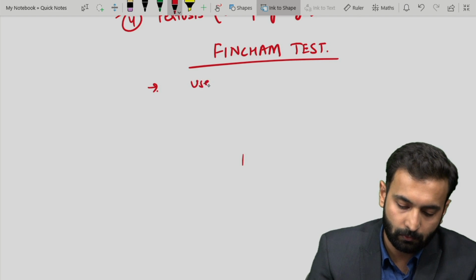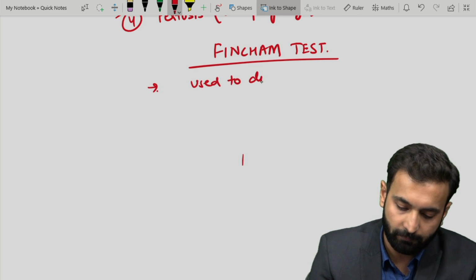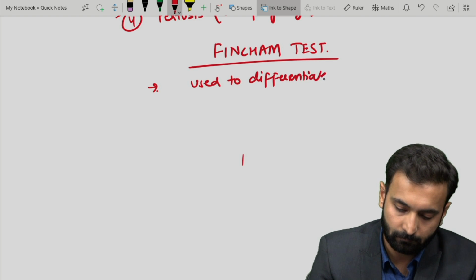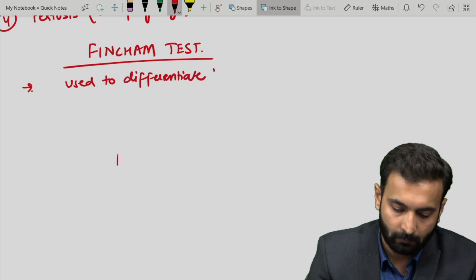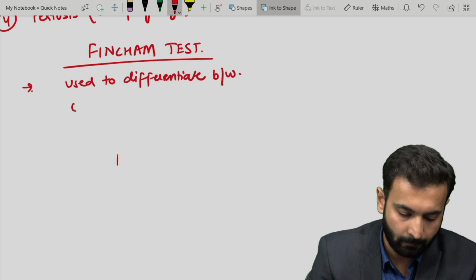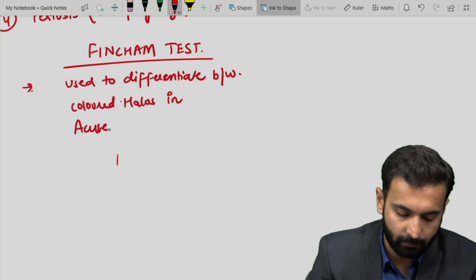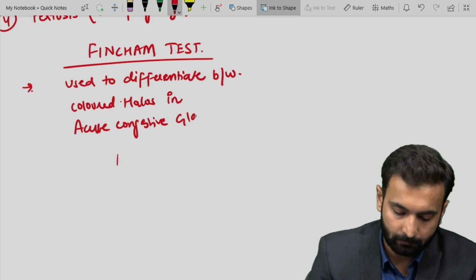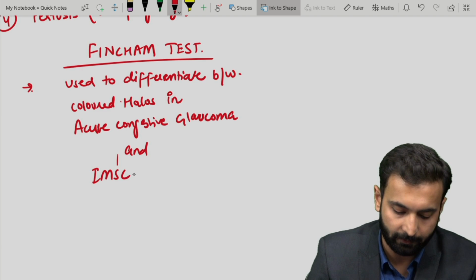It is used to differentiate between colored halos in acute congestive glaucoma and immature senile cataract.